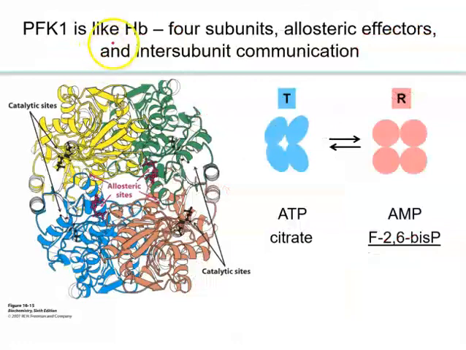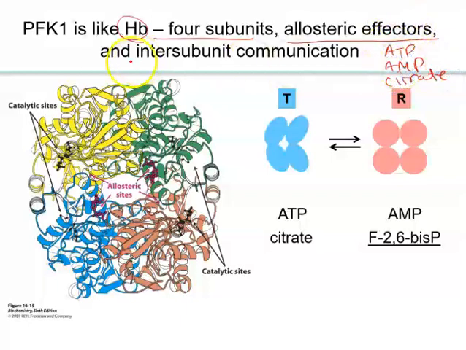Phosphofructokinase 1 is like hemoglobin in that it has 4 subunits. It's sensitive to allosteric effectors like ATP, AMP, citrate, etc., and intersubunit communication. So basically, we have 4 subunits here. Each subunit is shown to you in a different color.